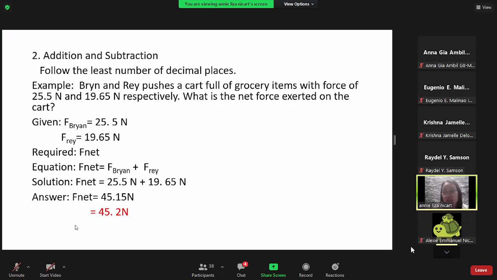This is the accepted answer. Since 45.15 has two decimal places, you apply rounding off again so that your final answer has only one decimal place. Okay?